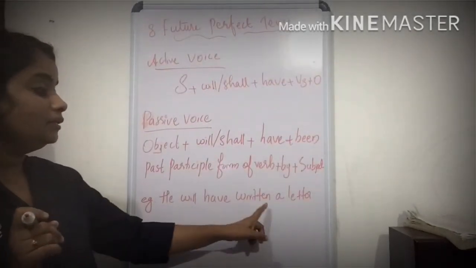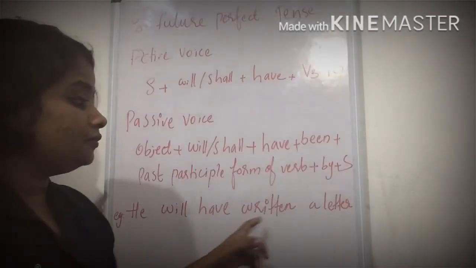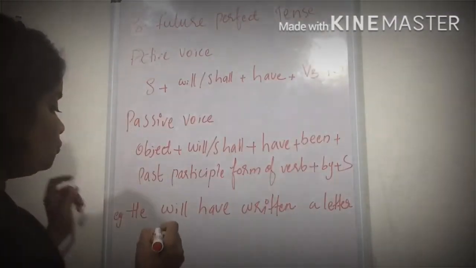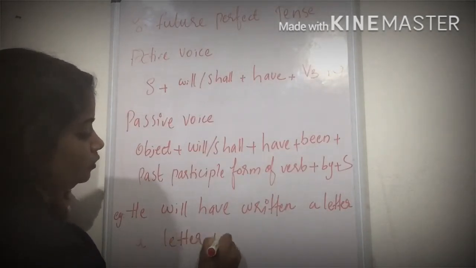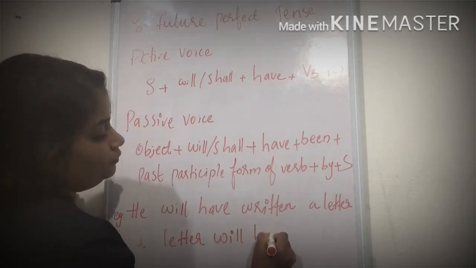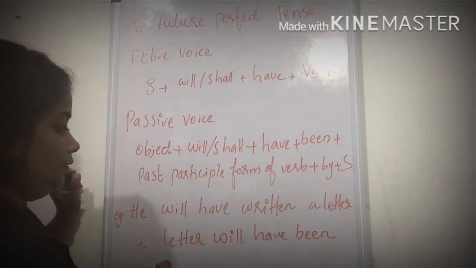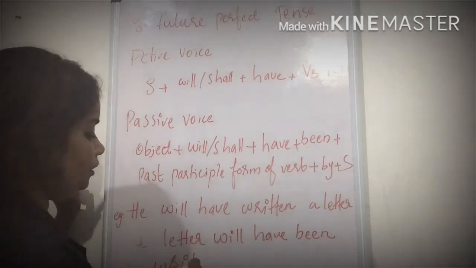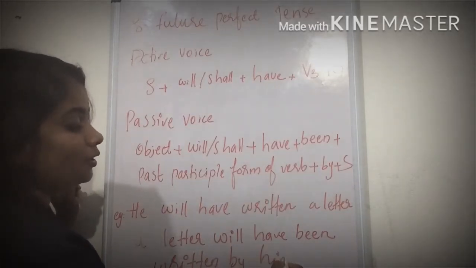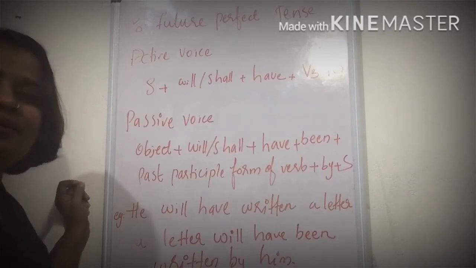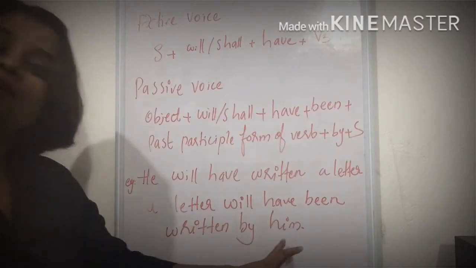He will have written a letter. Okay, he will have written a letter. So a letter will have been written by, he changed to him. Okay, a letter will have been written by him.